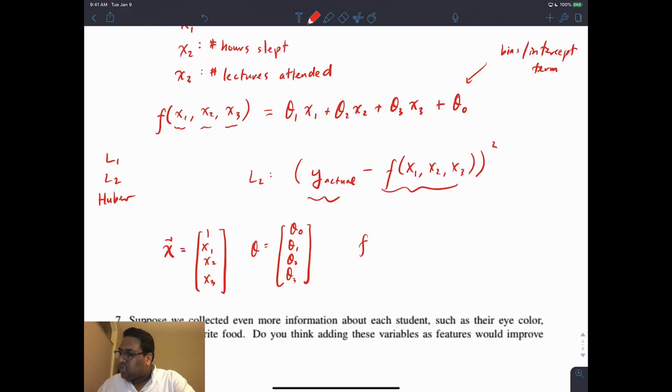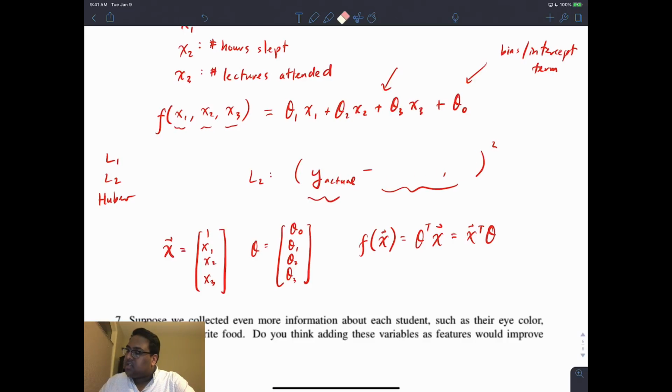And so our function will really look like f of x is equal to theta transpose x, or equivalently x transpose theta. Okay, and that will give you the same expression as we have here, but usually it won't be written in terms of multiple variables x. We'll just have y minus f of x. Okay, because here x would be a vector.